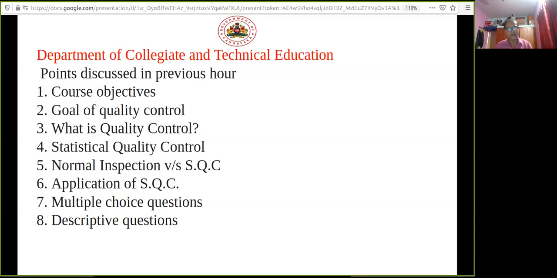It is, what is the difference between normal inspections and SQC? So this is one of the major aspects of quality control that we have discussed there, and the application also is one of the most important questions that has been discussed in the last class.